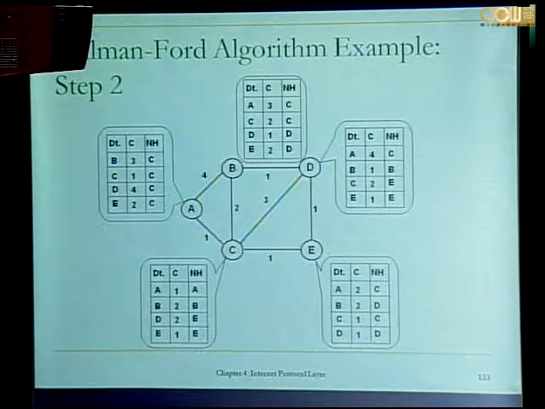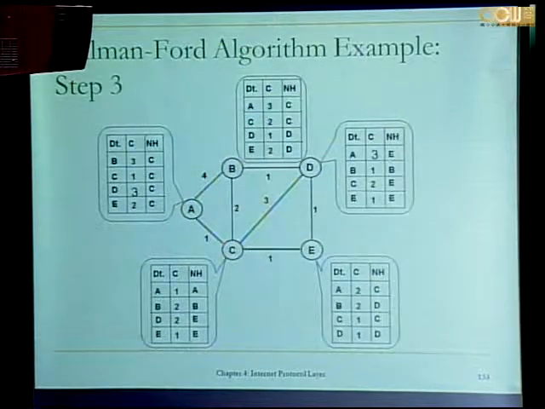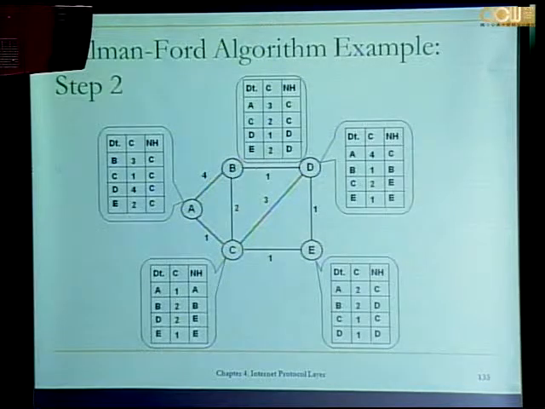And then the next thing is that we change this. So you watch this. Initially, I think I can reach D through C, right? But then C has realized that it can reach D through E with a cost of 2.